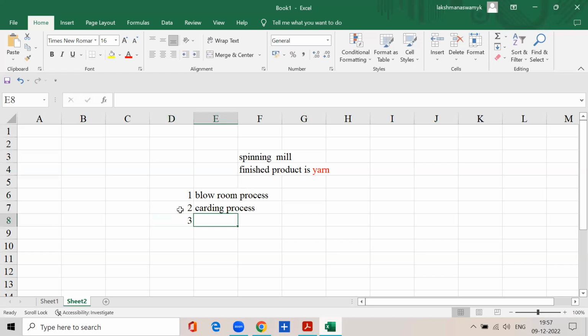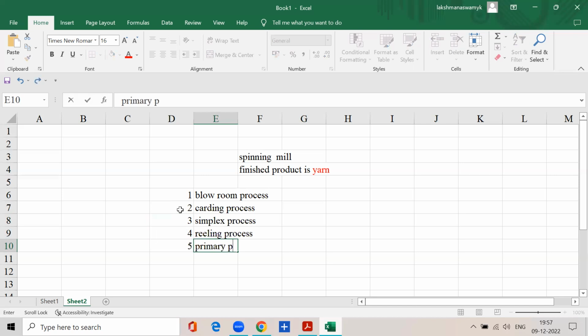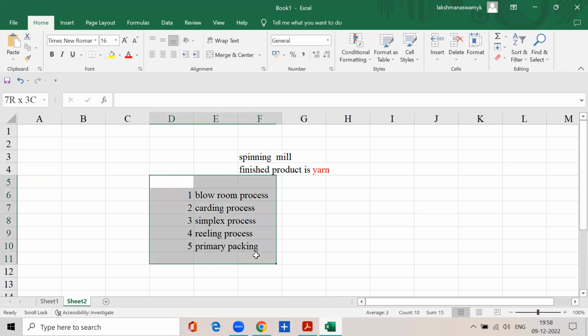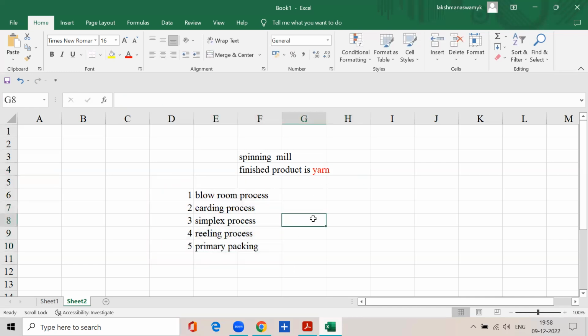Number 3, simplex process. I forgot the process. Number 4, reeling process. Number 5, primary packing. So this is the total manufacturing process to manufacture yarn.